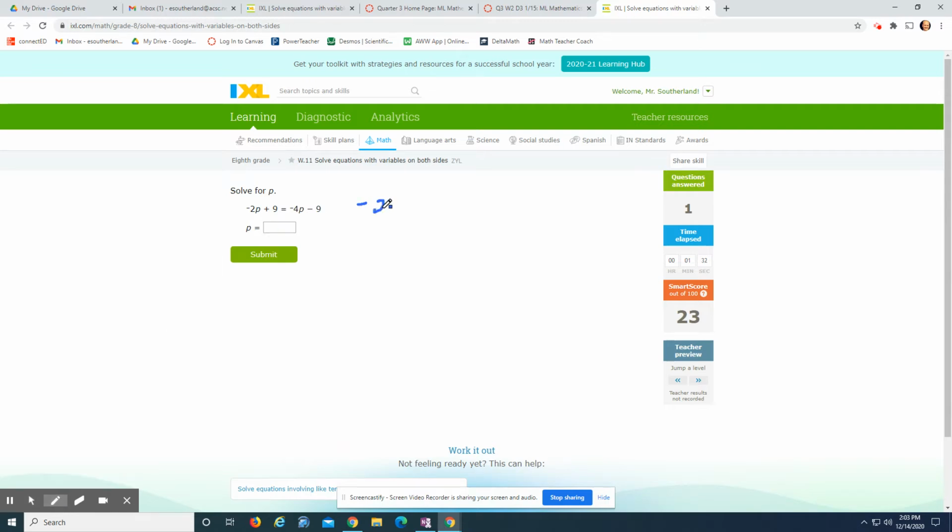It says negative 2p plus 9 equals negative 4p minus 9. And so the first thing I'm going to do is I want to add 4p to both sides so that I can get the variable moved to the left.